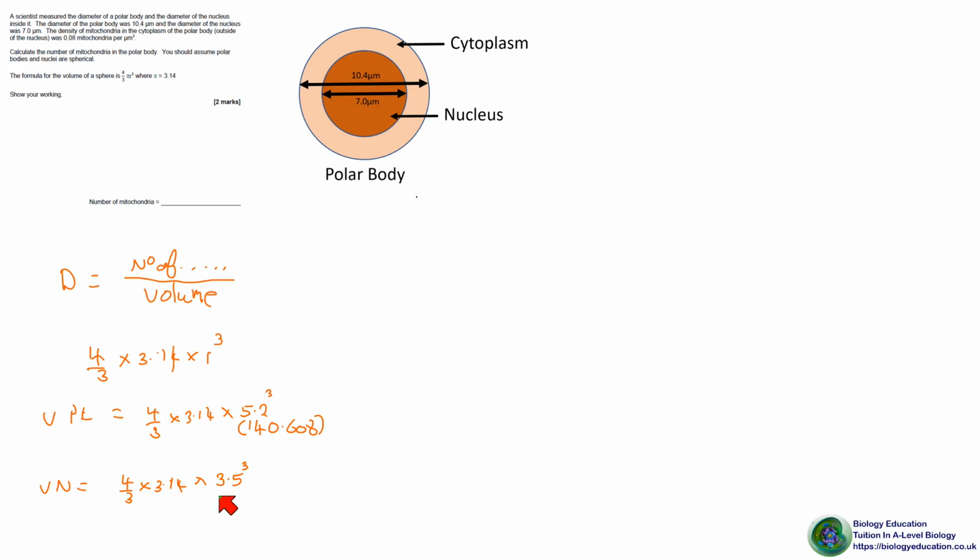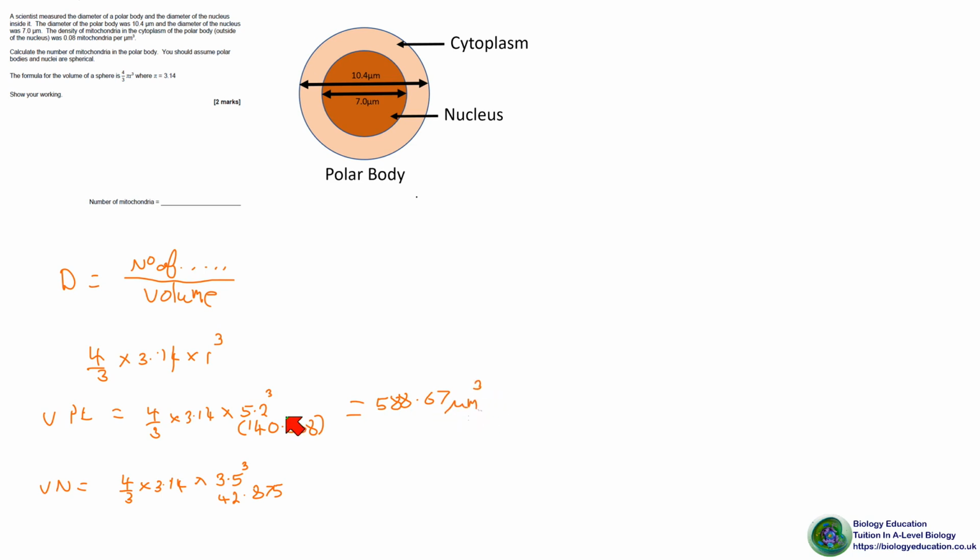The cubed value is 42.875. So the volume of the polar body as a whole is going to be 588.67 micrometers cubed.